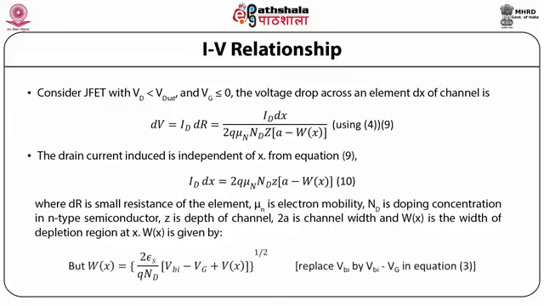And W, which we have already calculated, is (2 epsilon S by q Nd multiplied by (VBI minus VG plus Vx)) whole to the power 1 by 2.